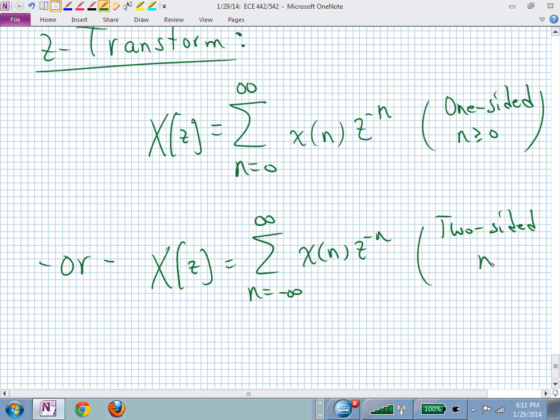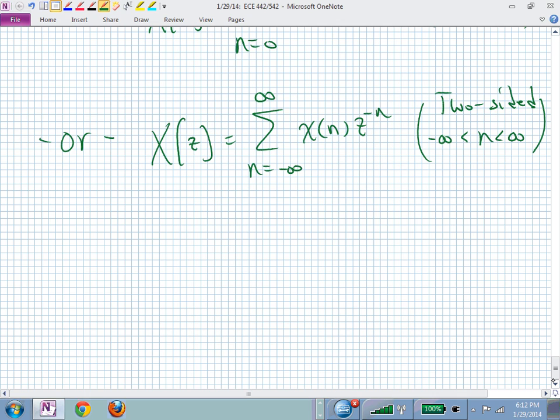And this is when n can live for any negative and positive indices. That's our sequence that we can now Z transform. This is now what we want to be able to use to compute these x of z's of, let's say, typical waveforms. So let's look at some common waveforms.